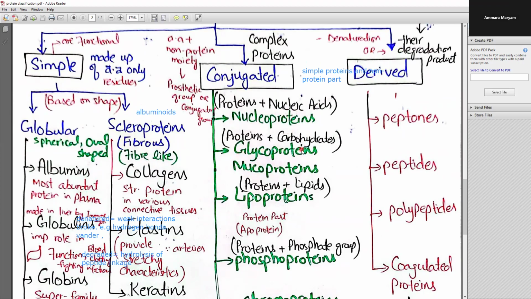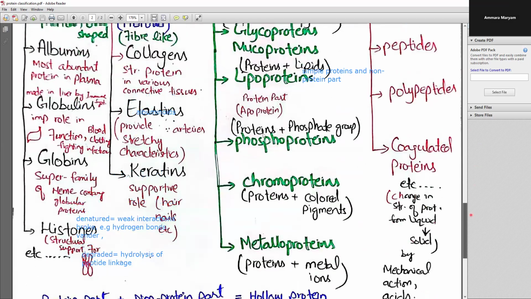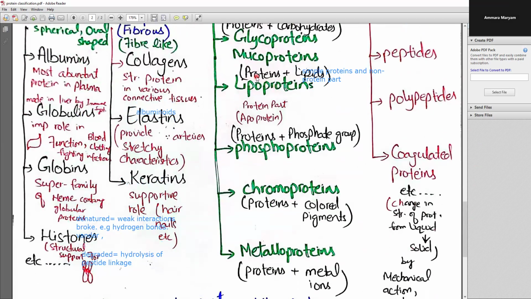Similarly, glycoproteins are the combination of proteins and carbohydrates, also called mucoproteins. And again we have lipoproteins, where we have proteins and lipids, as the name suggests.